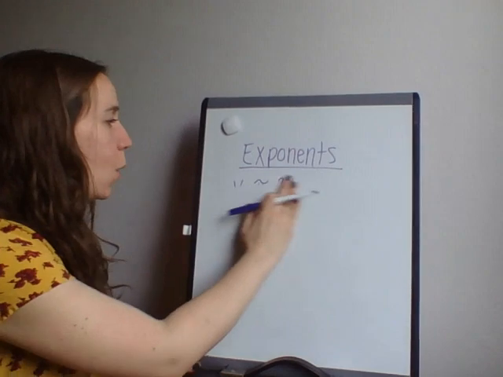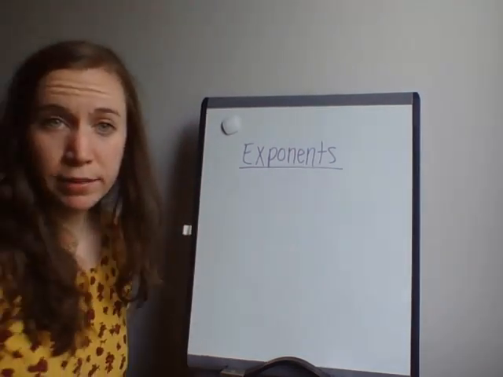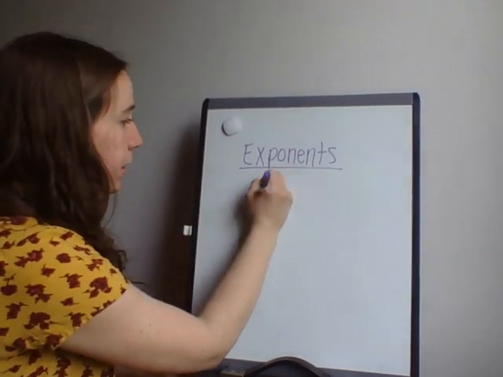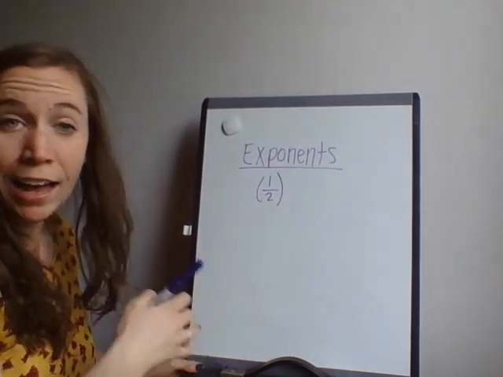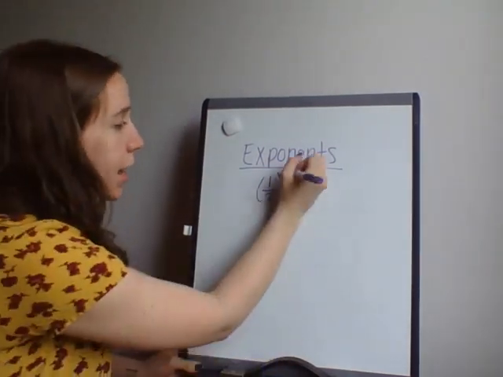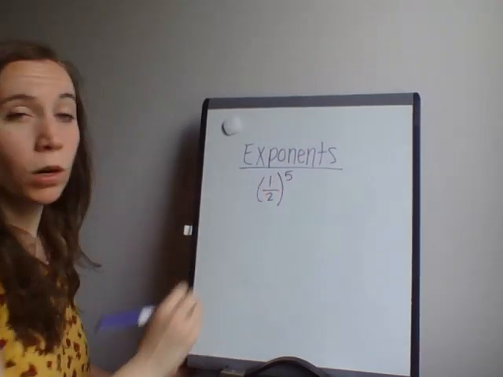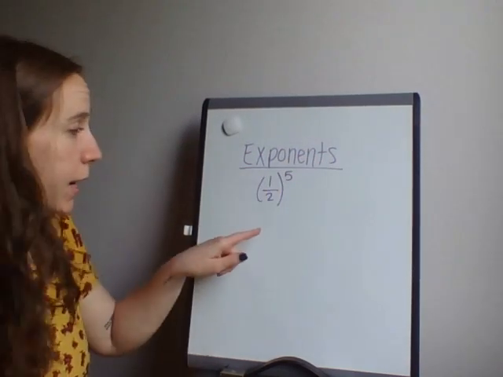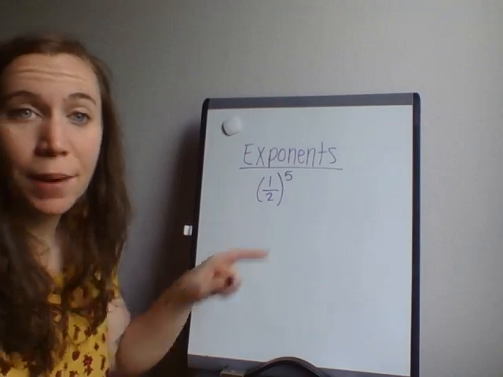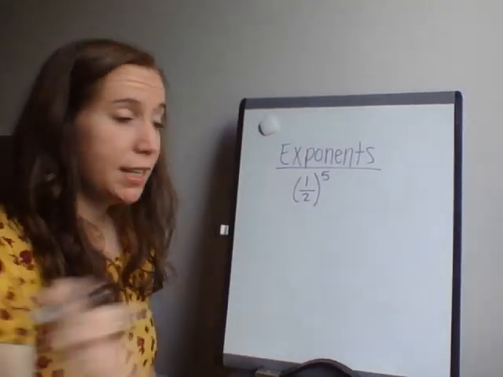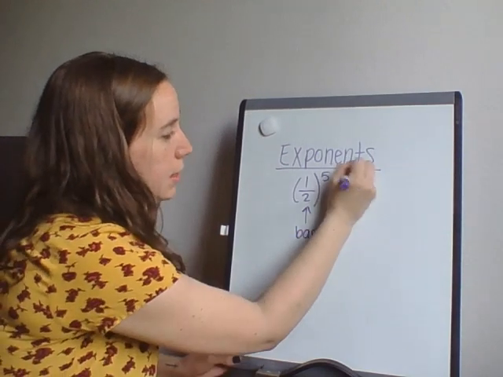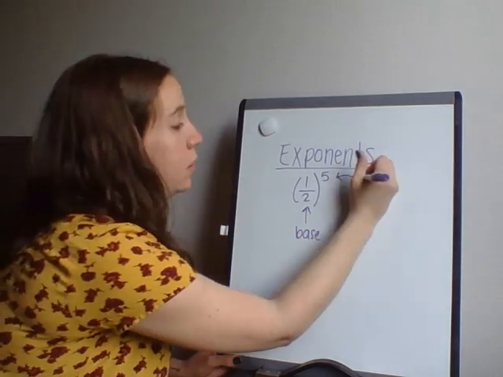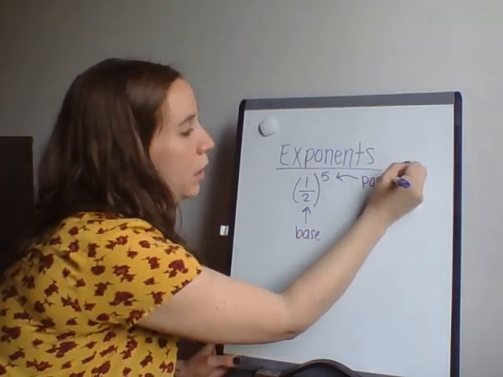When we talk about exponents, we have a base, which is the big number on the bottom, and then we also have the power, which is the exponent that goes up in the right-hand corner of the number. This says 1/2 to the power of 5. This is our base. This is our exponent, which is called our power.